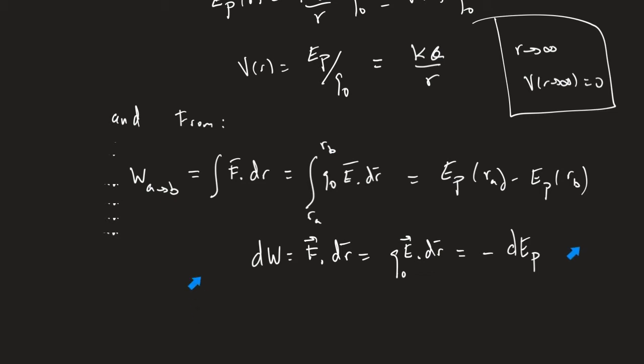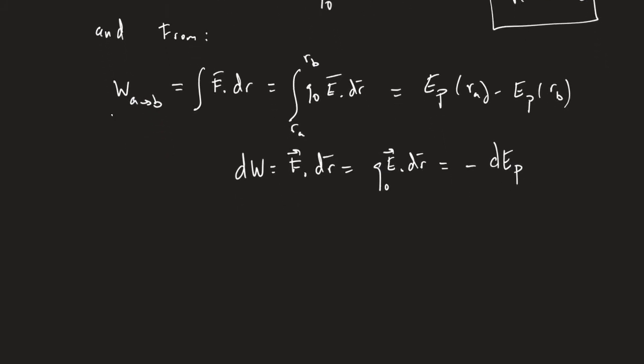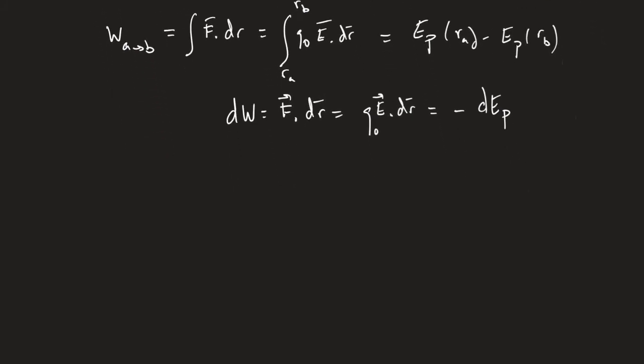So we can write the equation like this. And we define again the potential dV as dEP divided by q naught. So I will have here E scalar dr equal minus dEP divided by q0.